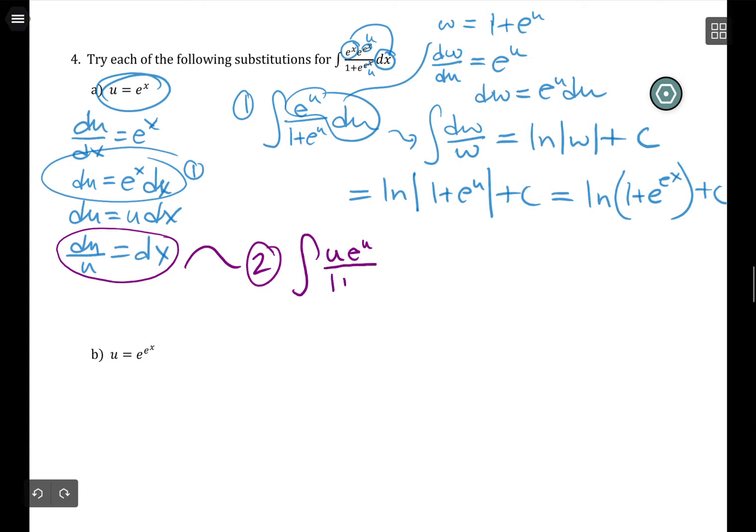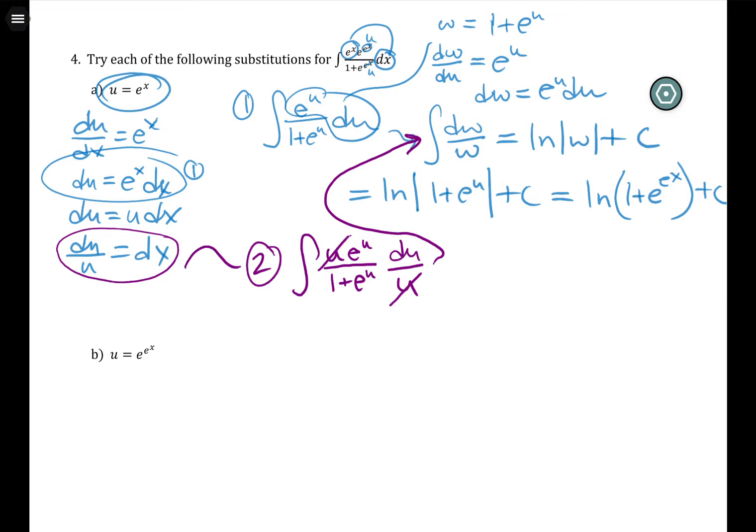On the bottom, I have a 1 plus e to the u, and then I replace dx with du over u. So we will end up the same place, right? We'll cancel out the u's, and we still get e to the u over 1 plus e to the u du. So I'm not going to continue, I'm just going to give you an arrow, because from there it becomes the exact same work. So you do have some choices, and I would just base that on what looks easier to you. It's the same thing.